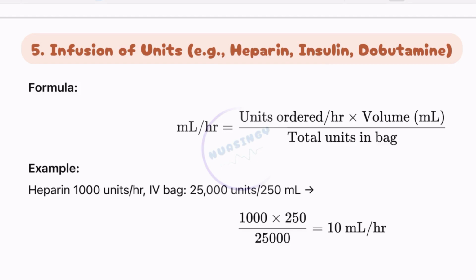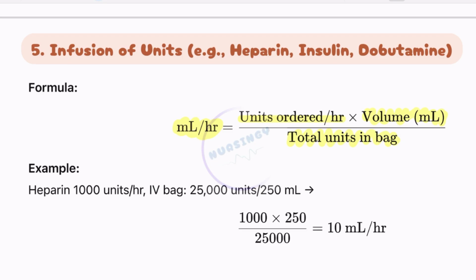To find out ml per hour of infusion of units, first you need to find out how many units are ordered per hour. Then how much volume is in the bag, and then how many total units are in the bag. That's what we need.